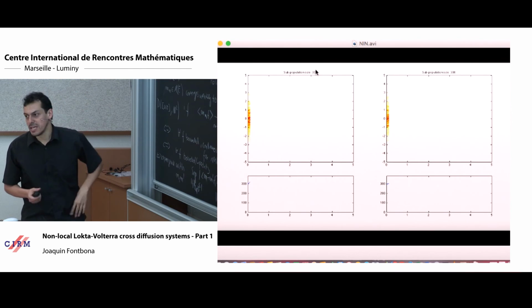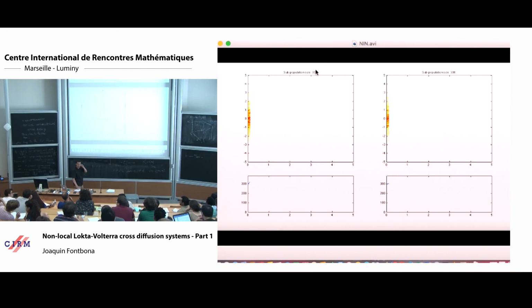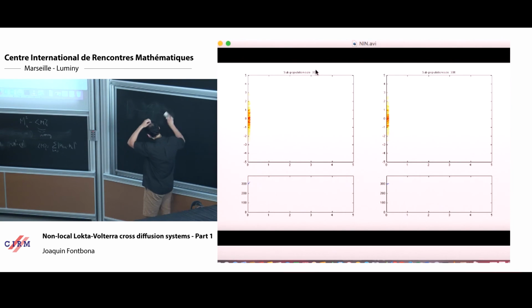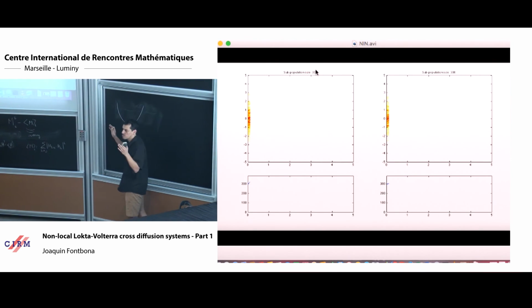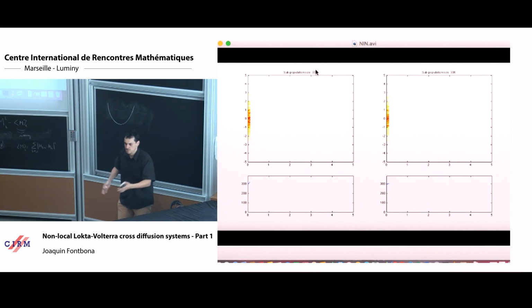I have 2 populations. The 2 populations have a quite simple spatial dynamics. We will assume that each individual of the 2 populations diffuses, like a random motion, and they have, moreover, some potential. So they are attracted, let's say, to the river or somewhere in the valley.